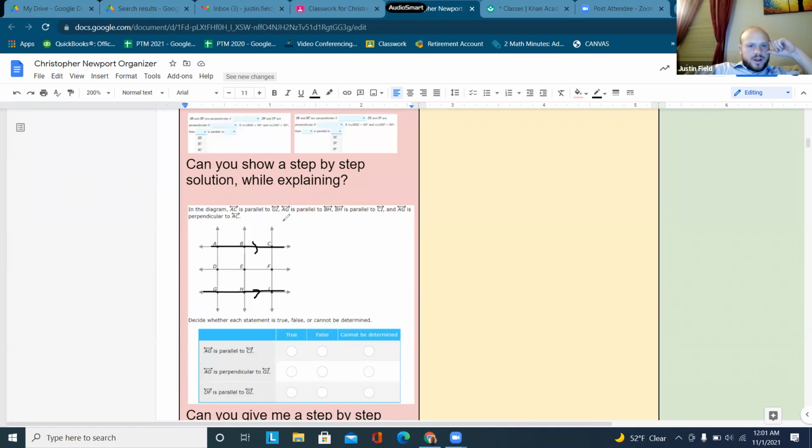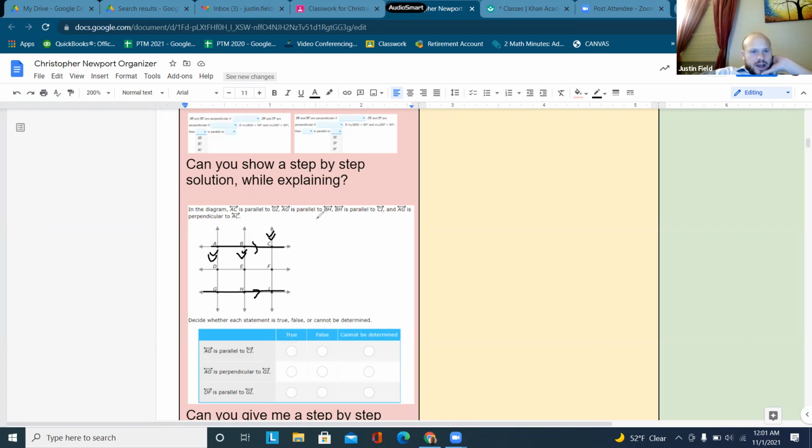AG is parallel to BH. Where's AG? AG, BH. Okay, draw the arrows. Double arrows. Right, so I'm marking the picture. BH is parallel to CI. BH parallel to CI. Double arrows there.